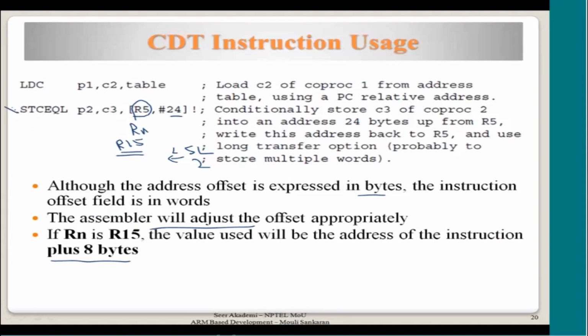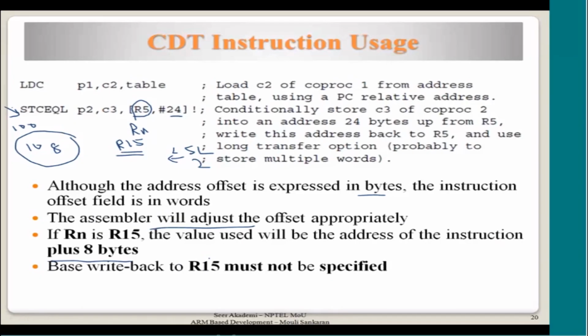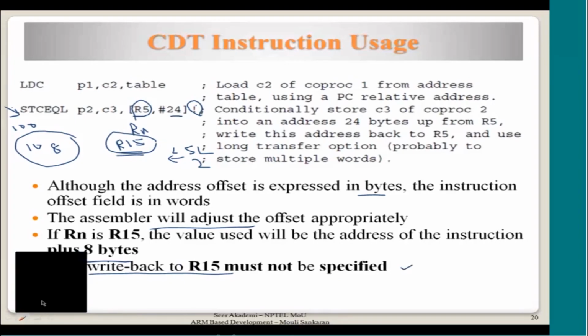Suppose this instruction is at 100, the R15 will be 108. That's all. Okay, 108 will be used as the R15 value, and write back into R15 should not be used. So if you are using R15 instead of R5, you should not write back. That is a condition. Okay, the assembler will give an error. It will not accept that kind of instruction.